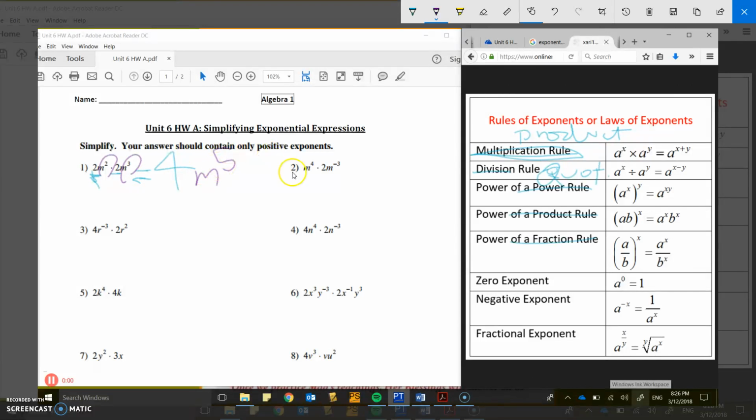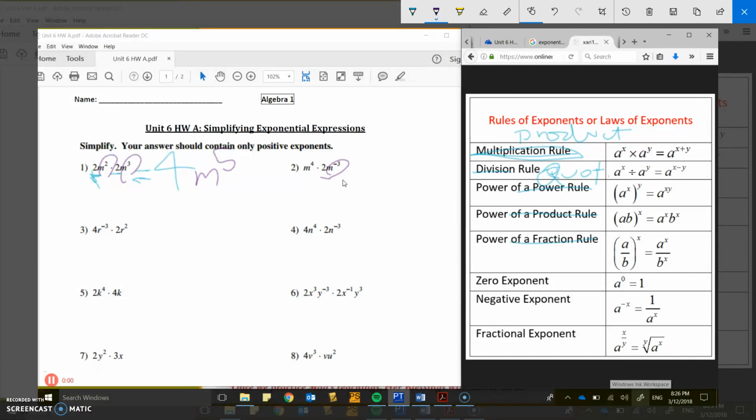Number 2 is also a product rule, base to an exponent times base to an exponent, but look at this. You have a negative exponent in there as well. So remember, with all negativity, we kick it out, or kick its butt, as Mr. Loyal would say.